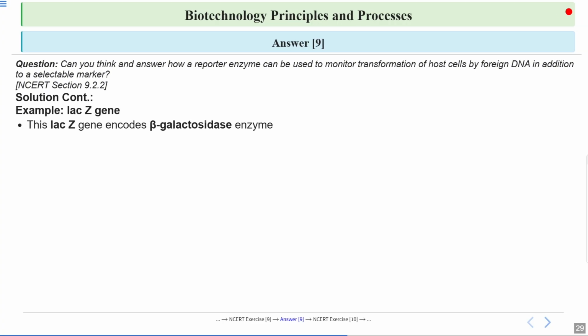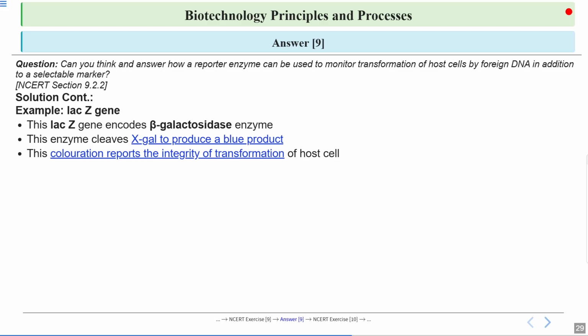So an example is the LacZ gene. This LacZ gene encodes the beta-galactosidase enzyme. There is a LacZ gene in the lac operon that encodes for the beta-galactosidase enzyme. Now this enzyme cleaves X-gal to produce a blue product.